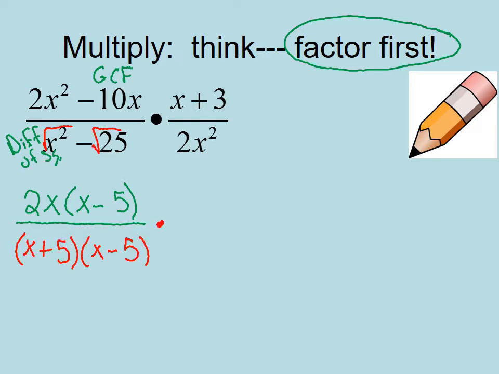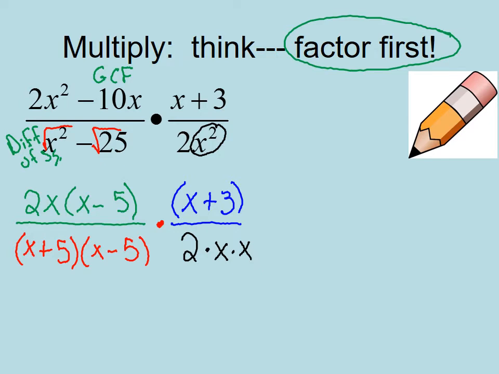Keep our multiplication here. Now, if we look here, x plus 3 I can't do anything with, so I'm going to write it as x plus 3. I like to put mine in parentheses so that I know that those are going together. And on the bottom here, I am going to break this apart. So I'm going to write this as 2 times x, because they're all separate quantities.